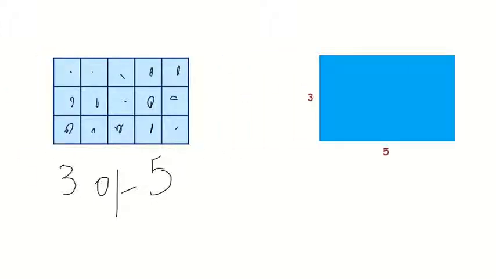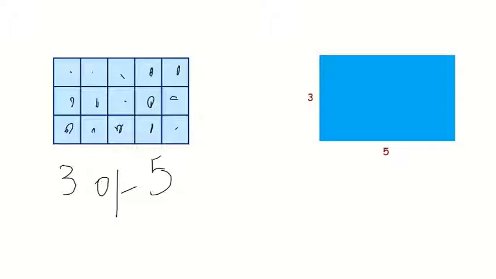So here we have three rows of 5. Now then, because perimeter is a length, it is measured in units of length, such as centimeters or meters.